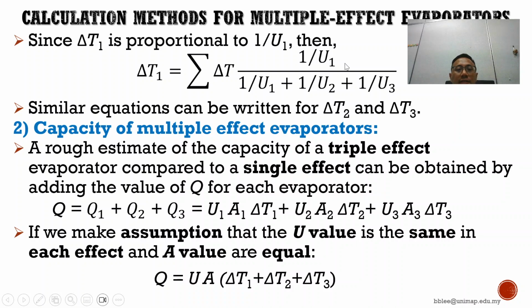Now, capacity of multi-effect evaporators. A rough estimation of the capacity of the triple effect evaporator compared to a single effect can be obtained by adding the value of Q for each evaporator. So we sum all the Q. If we assume that the U value is the same in each effect and the A values are equal, we can simplify the calculation: the heat is equal to UA times the sum of delta T1, delta T2 and delta T3.